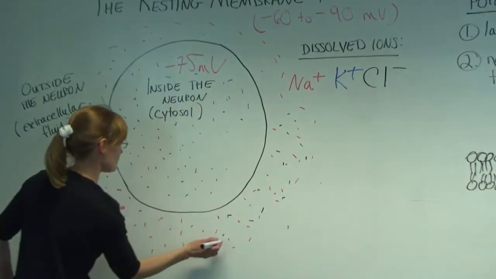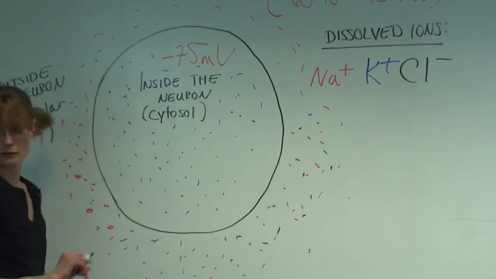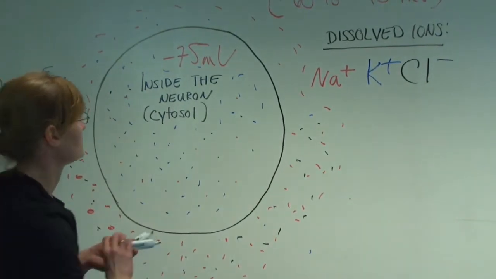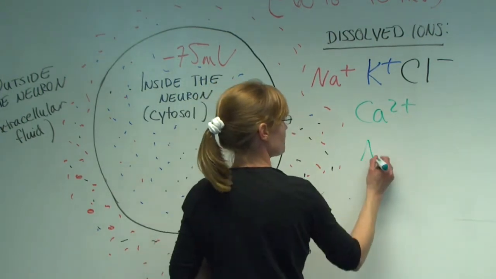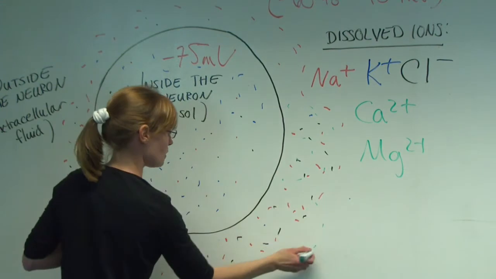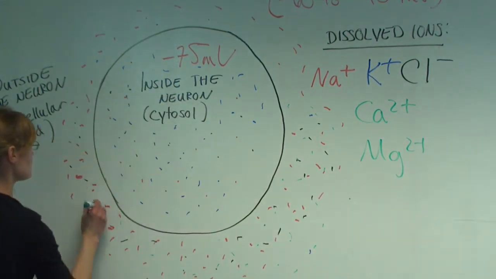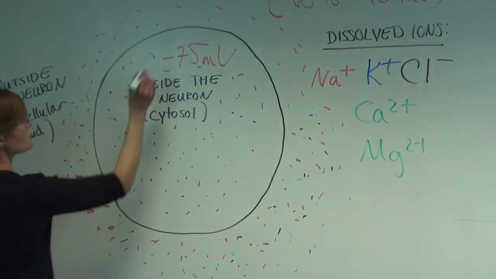And there's going to be more of them outside. There are going to be calcium ions, magnesium ions. Okay, so again, just all sorts of different types of ions dissolved in those two solutions.